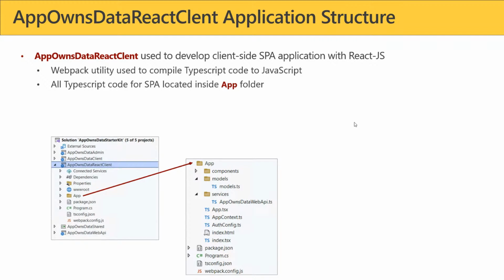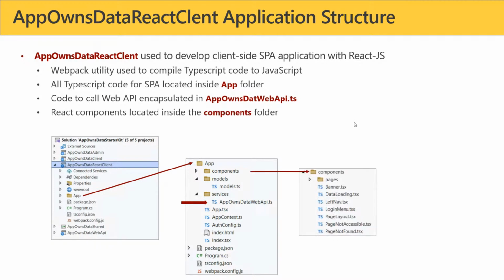Inside the app folder is where you have app.tsx and app context and app auth config. We're going to look at those. Also note that all the calls to the API are made through a utility class, which is called App Owns Data Web API. So we're going to take a look at that, but then in the components folder, there's where we have all our TSX files, for TypeScript, JSX. And so we have pages.